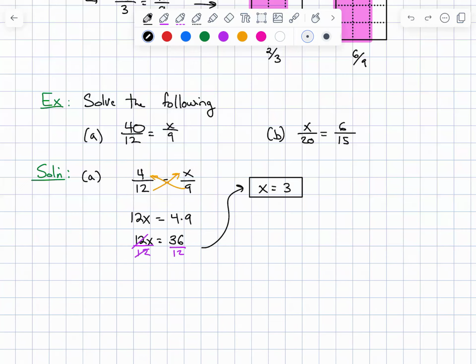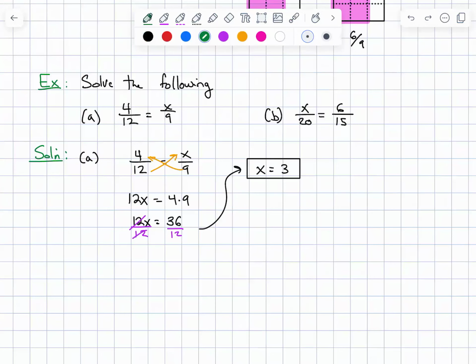So there's a reason to check it in the original version of your equation, not the later stuff. And so if I plug 3 into both of these equations, I guarantee you will get 0.3 repeating on both sides. Just as a checking tool, you don't have to write this down, but does 4 12ths equal 3 over 9?